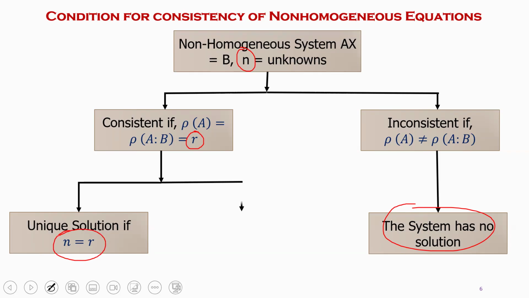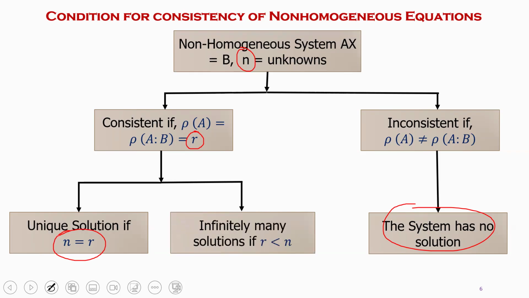Similarly, for the second condition, if the rank of A and the rank of the augmented matrix, which is r, is less than the number of unknown variables, then the system has infinitely many solutions. So in this one slide we have described the systems of homogeneous and non-homogeneous equations, and when we get a solution: when the system is consistent and when it is not consistent, and if it is consistent, then we get a unique solution, or infinitely many solutions, or no solutions.